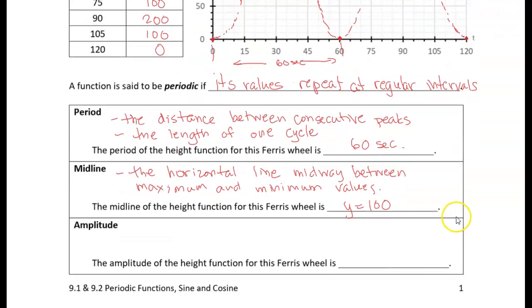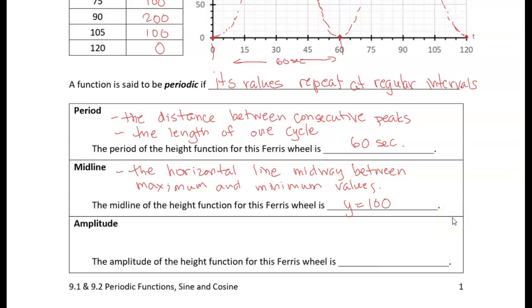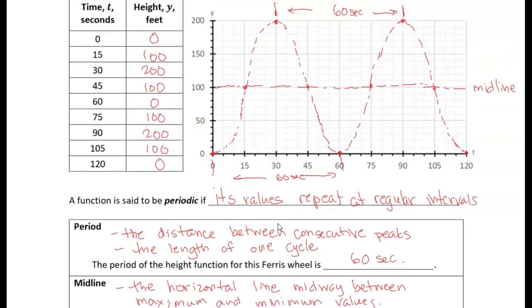Amplitude, that's another important concept with periodic functions. The amplitude is the vertical distance from the midline to the peak. So let's take a look at our function. What is the amplitude of this function?